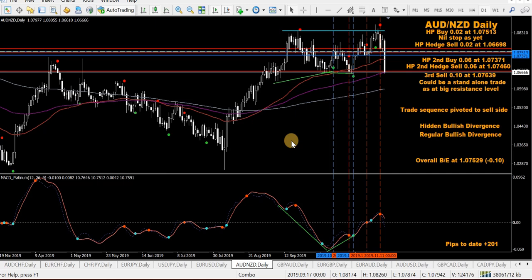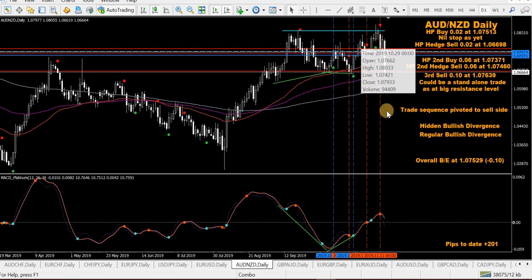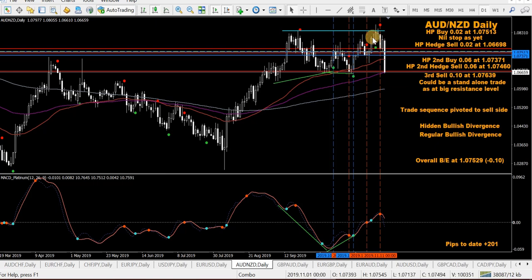Aussie New Zealand. I sort of pivoted on this. I was initially on the buy side. So you see my buy, the hedge sell, and a second buy popped up, then it rolled back down, and I didn't have a chance to get out at break even on that. Now it's got to this support resistance level up here, the blue line, and I've closed out one of my trades. I must have been in a buy hedge or something like that.